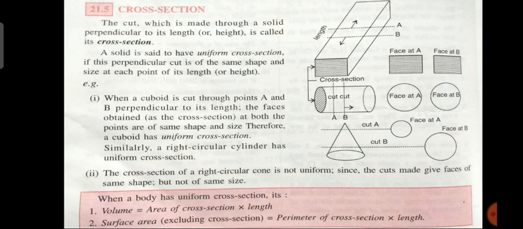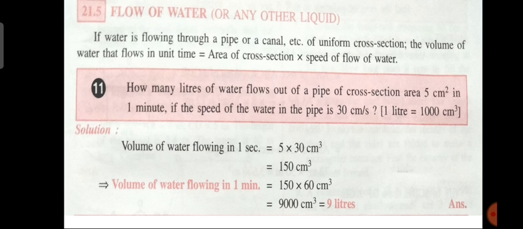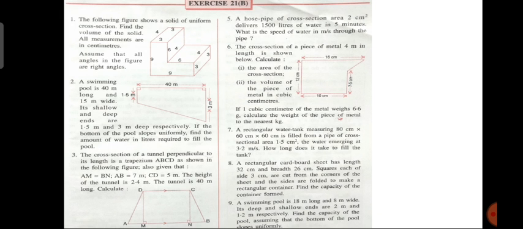Okay, write it, and then write the flow of water, the main equation, and write this problem and try to work out the problems which are given in your textbook. Okay, solved problems, and then work out these exercise problems.